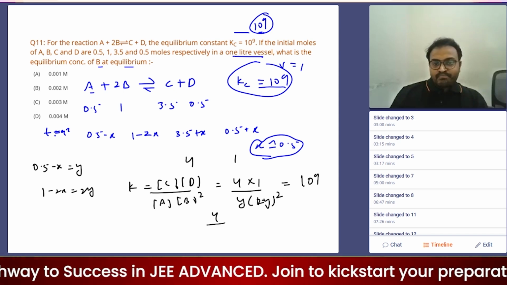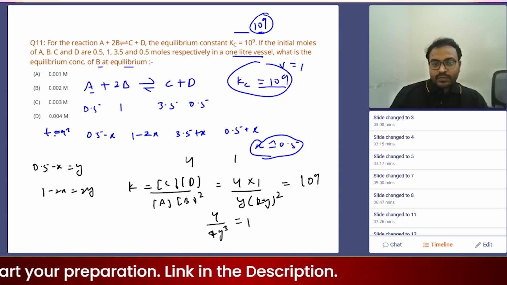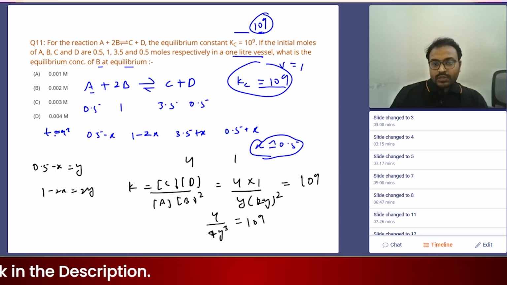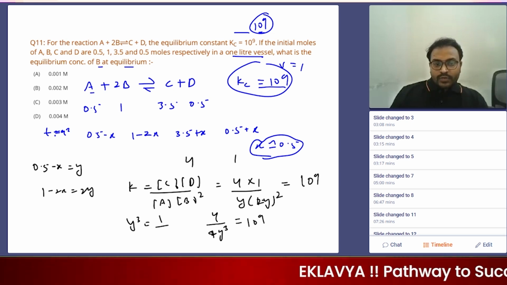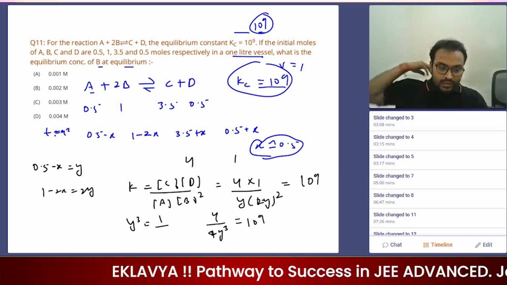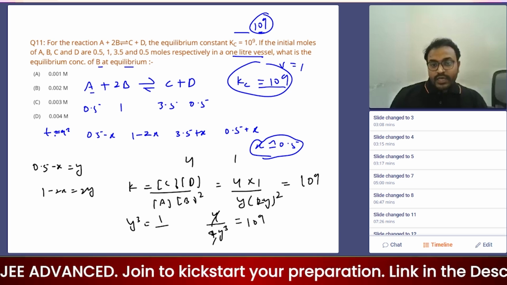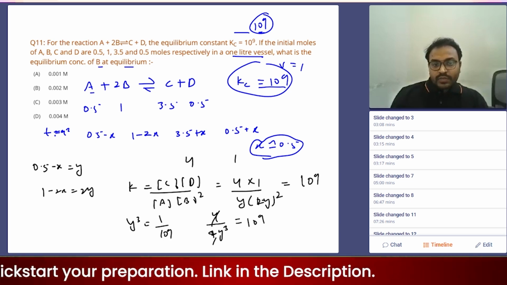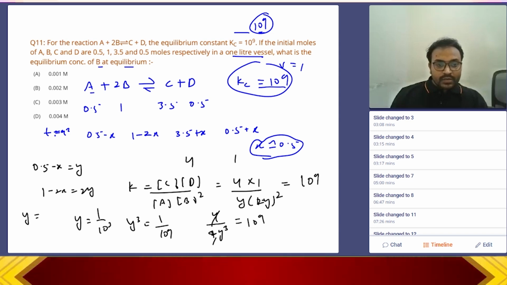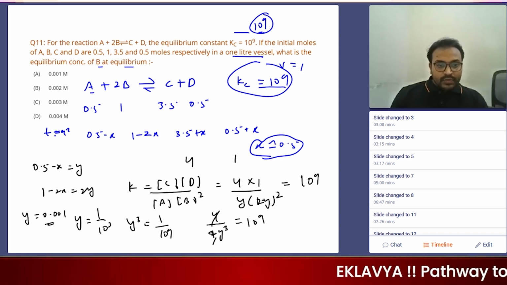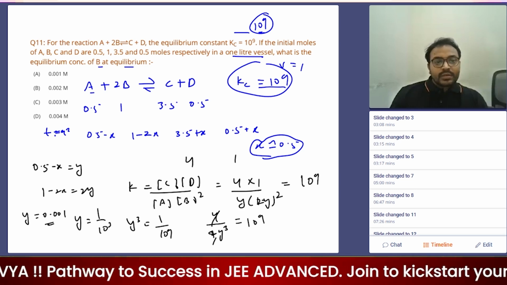So this becomes 4 by 4 y cube equal to 10 to the power of 9. The 4s cancel, so y cube is 1 by 10 to the power of 9. So y equals 1 upon 10 to the power of 3, which is 0.001. This is the value of y, right?